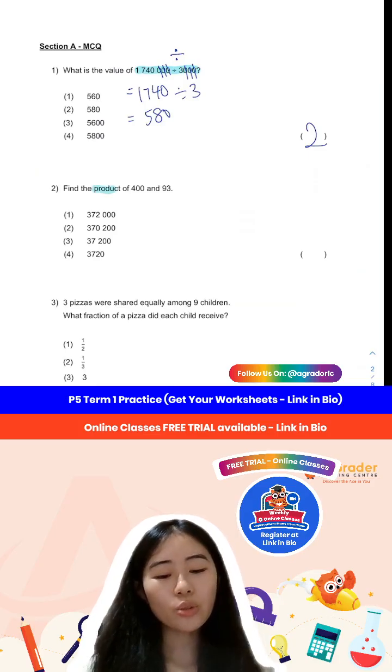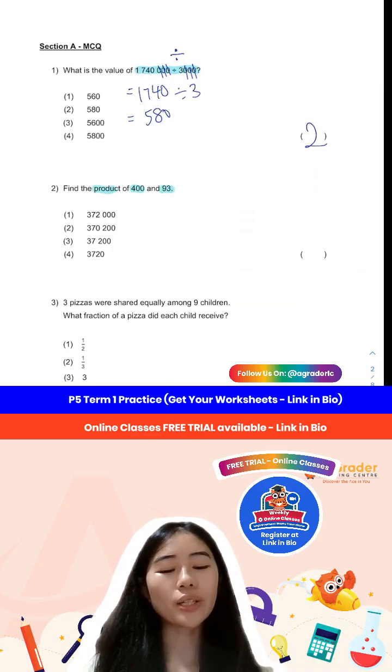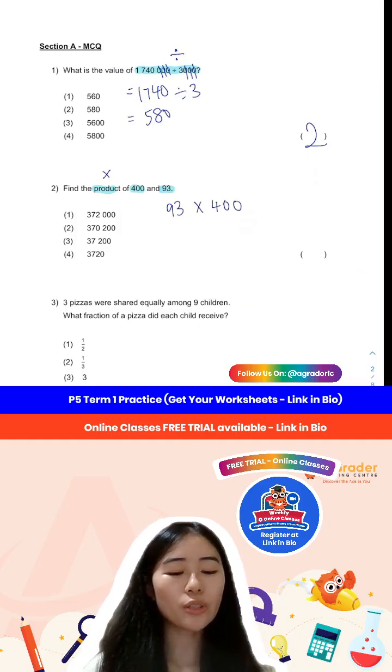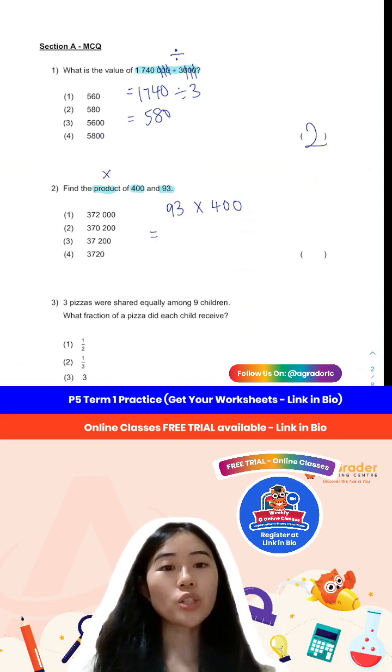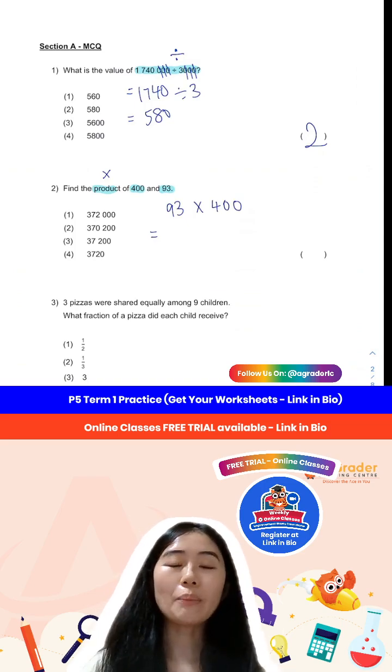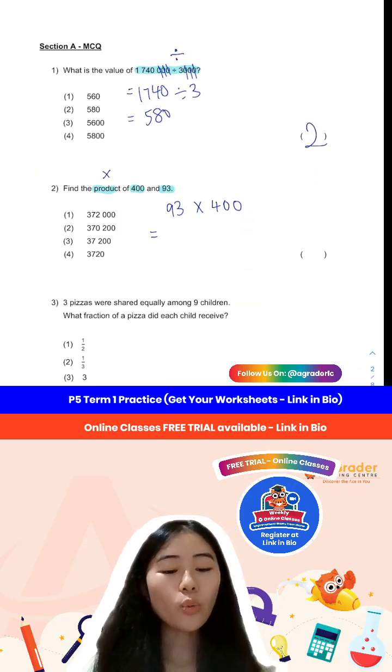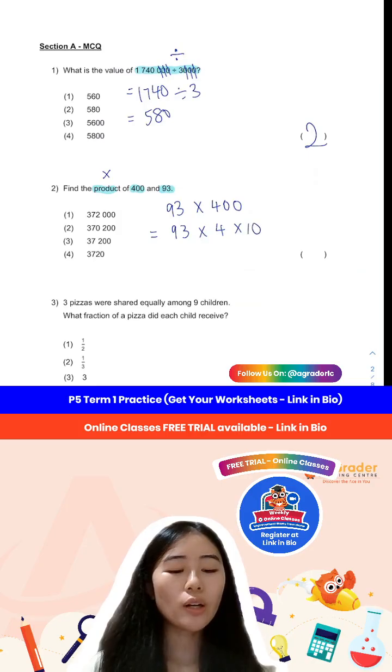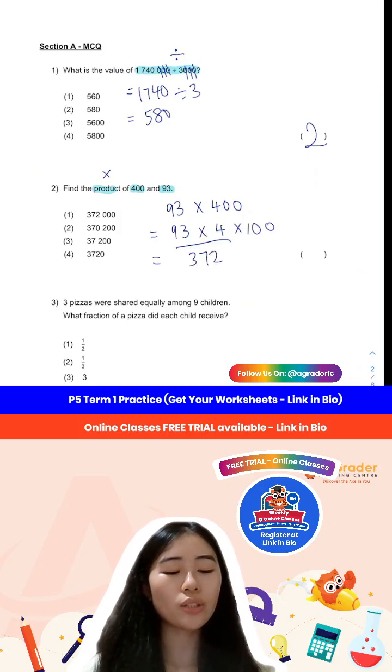Okay, so let's go through this. Find the product of 400 and 93. The keyword product means multiply. So all you need to do is to use 93 times 400. To minimize careless mistakes, you can split up the 400 into 4 and 100. So you just need to use 93 times 4, which gives you 372.